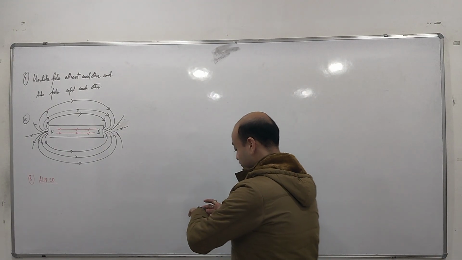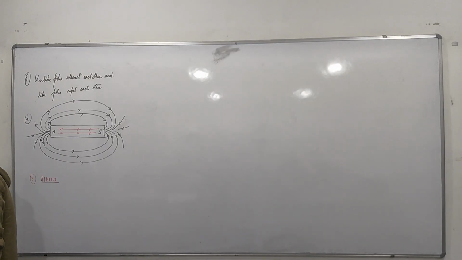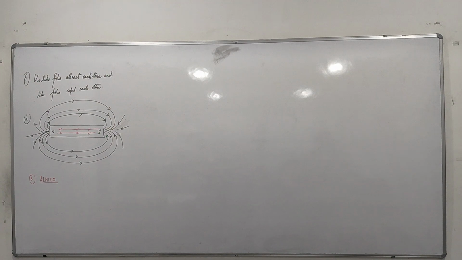Point number 2, if it is heated strongly. And point number 3, if it is not stored properly using magnetic keepers.